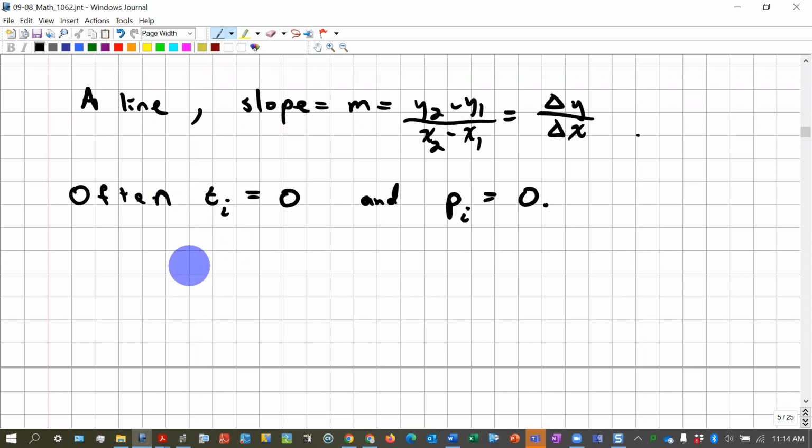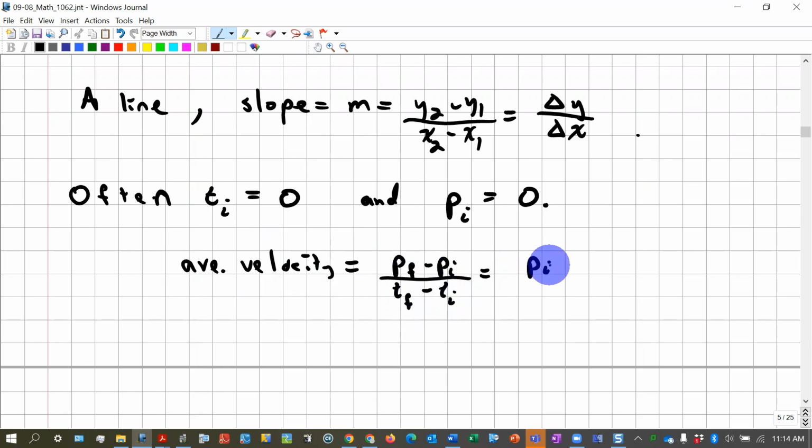In which case, the average velocity just becomes P final divided by T final, which is often written as just P over T, or D over T, distance divided by time.